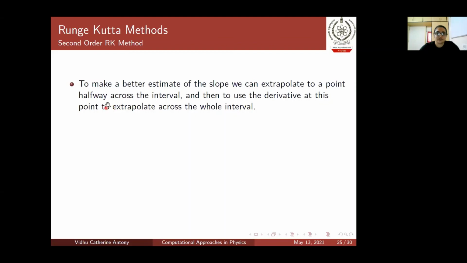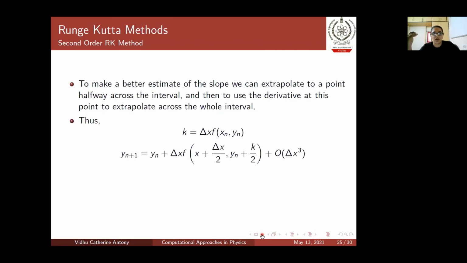Now we can extrapolate to a point halfway across the interval and then use the derivative at that point to extrapolate across the whole interval. So how does the formula look for the Runge Kutta method? You have k, and this value of k that you calculate will be put into this part.